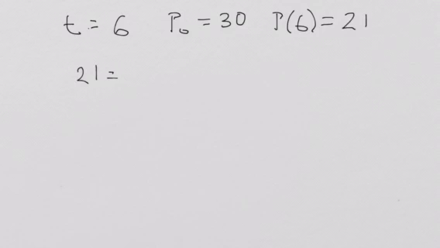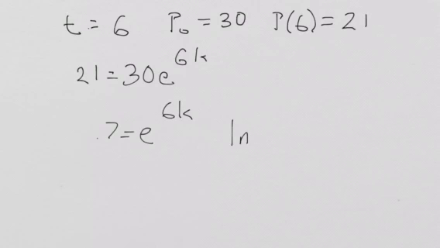So the first thing you want to do is find k, your constant, and the way you do that is you sub everything in for the P equation, e to the 6k, because that's your t. That may look like a little b, so let me fix that. Yeah, there. That's a little better. But anyway, you're going to get 0.7 equals e to the 6k.